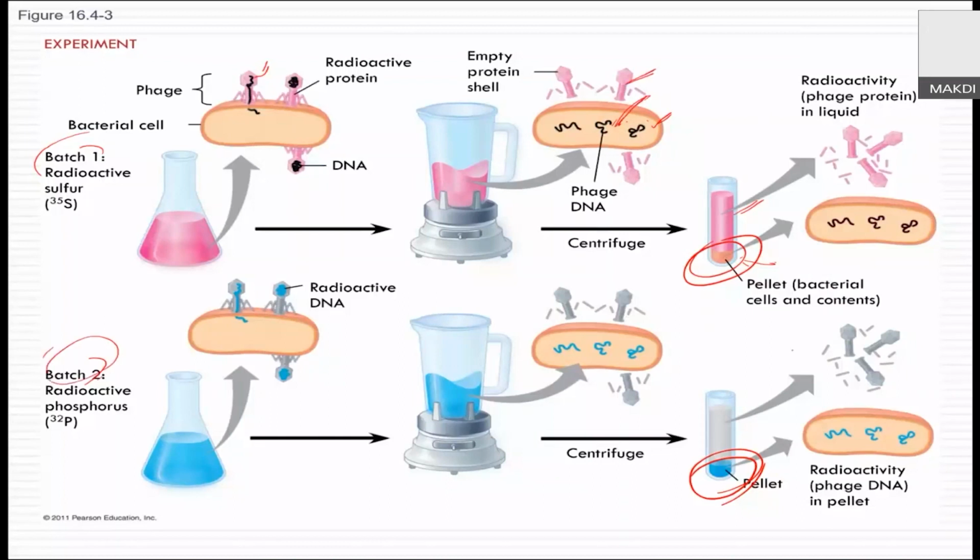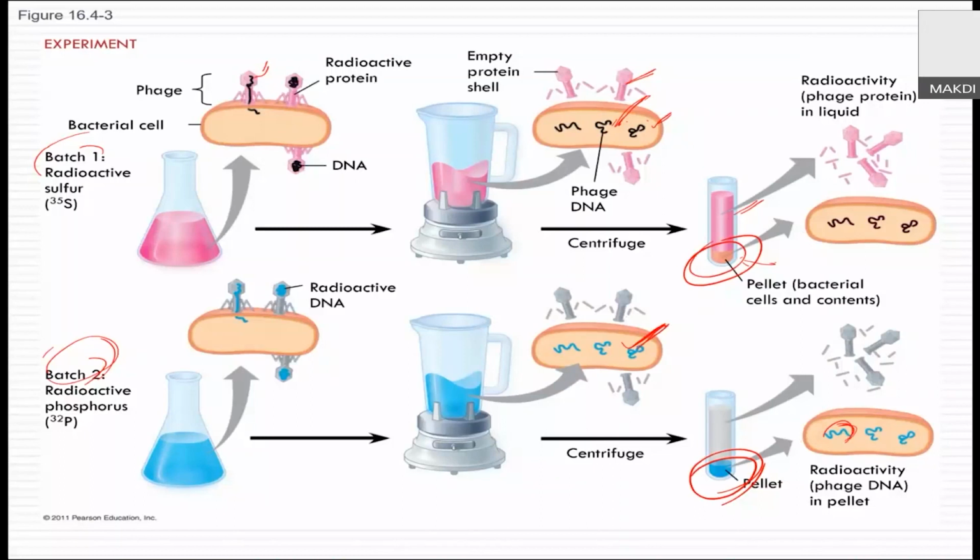From the batch two experiment, only the DNA, only the genetic material, is transferred inside the bacterial cells. So when a virus infects bacteria, the genetic material gets transferred inside the bacterial cells, leaving the protein coat behind.